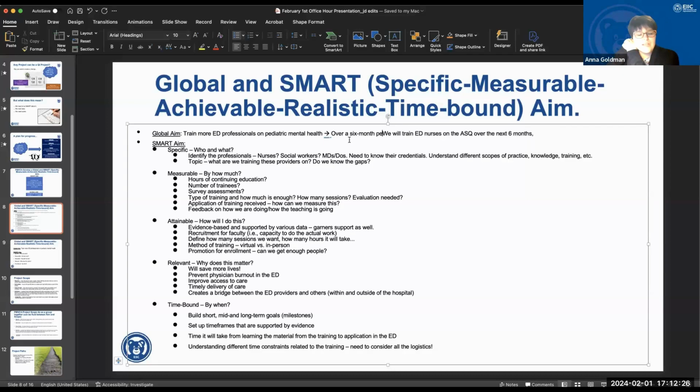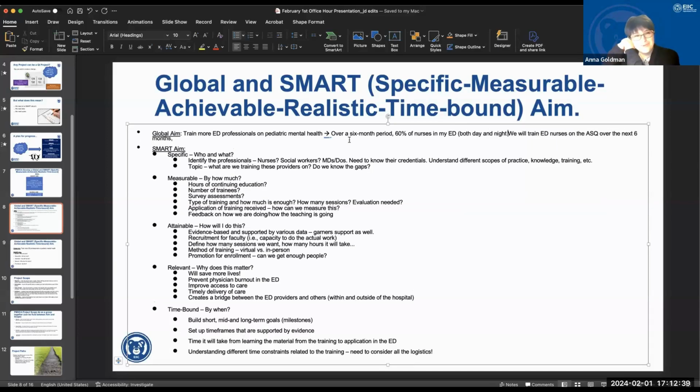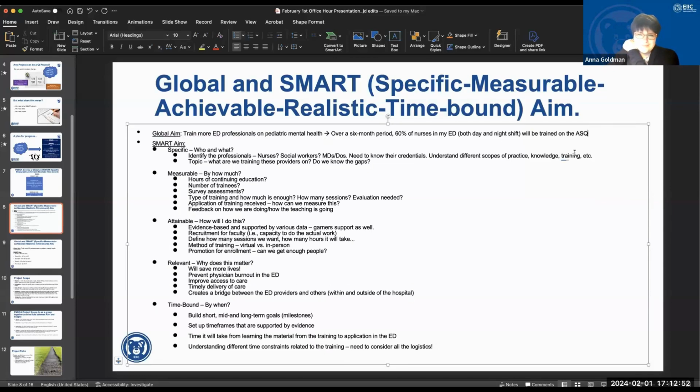60% of nurses working in the ED in this hospital, including night shift. I love it. So we could define by shift or by percentage as well. I like it.